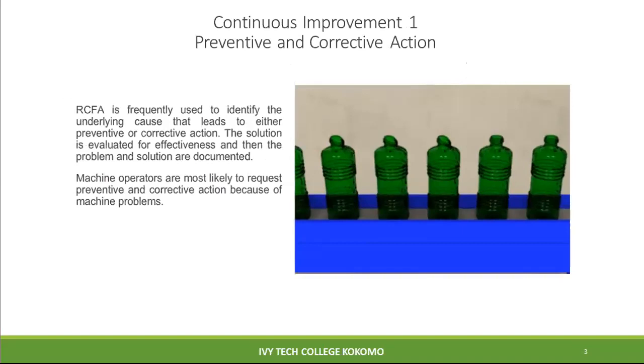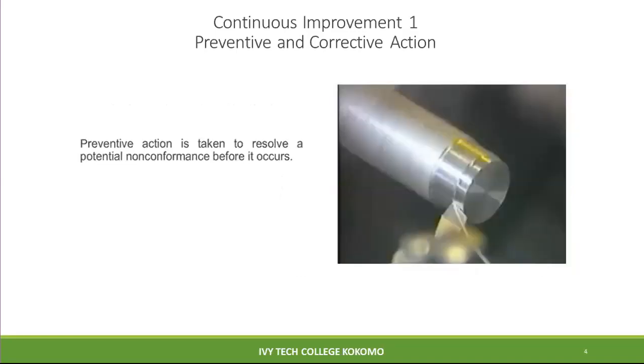Usually they use a root cause failure analysis to identify those underlying causes. Machine operators can request preventive or corrective action. They're the ones that first see what the issues are, and then they have to notify somebody what's going on.